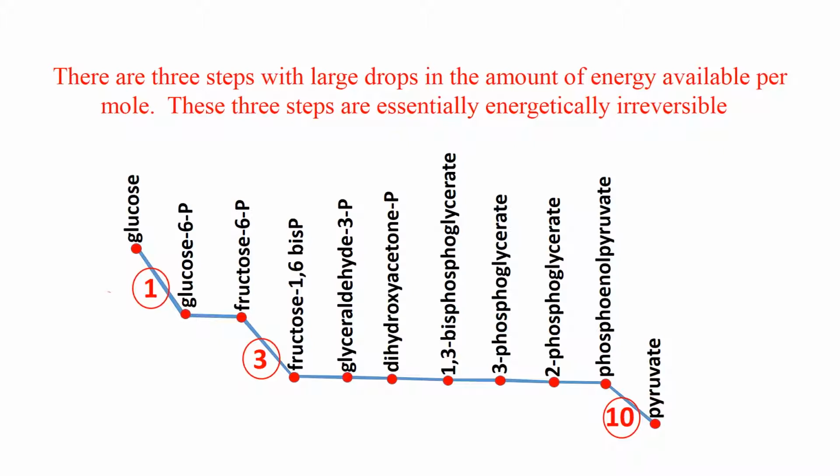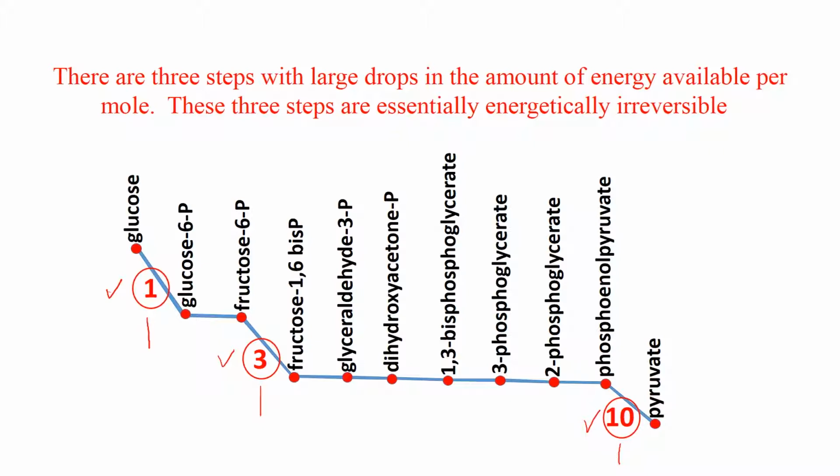Those 3 steps, 1, 3, and 10, which show a large decrease in energy during glycolysis, are kind of like a river going downhill with occasional waterfalls. Here's a little waterfall at step 1, a little waterfall at step 3, and a little waterfall at step 10 in this downhill trend in energy. And because it's a downhill trend, the series of reactions can occur.